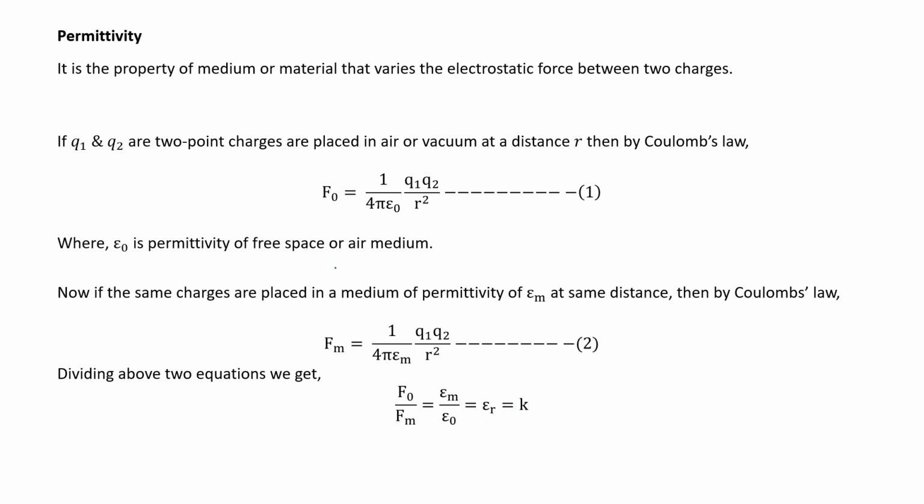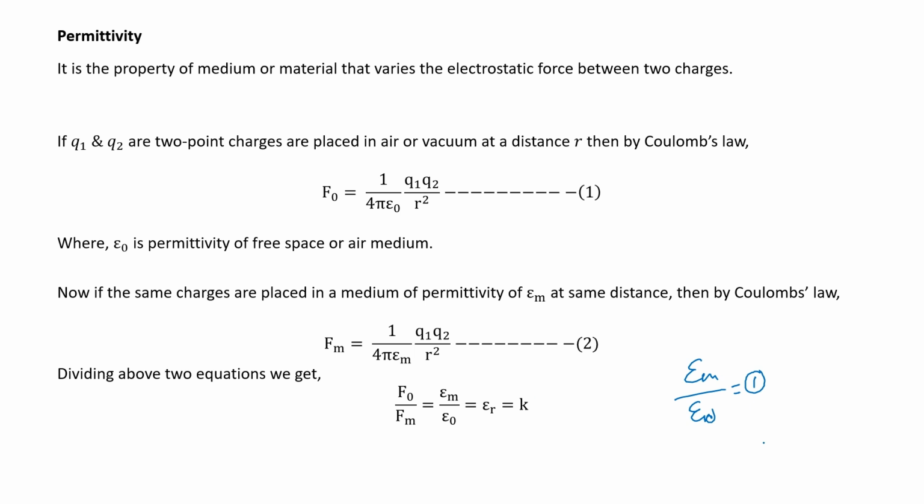As I said, you will understand why we divide F naught by Fm, because this ratio, epsilon m divided by epsilon naught, is always greater than 1. How and why?